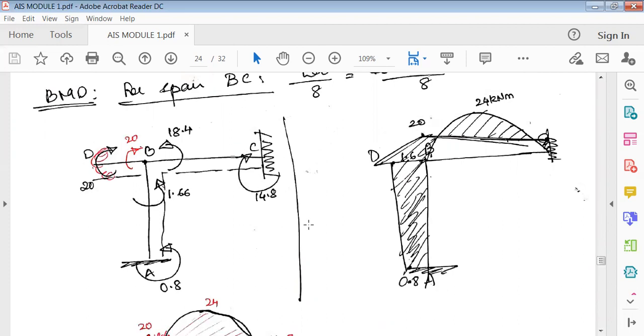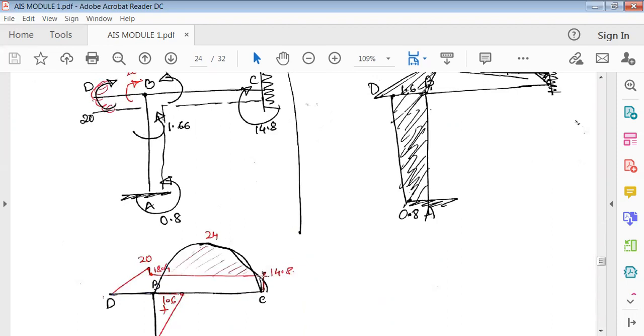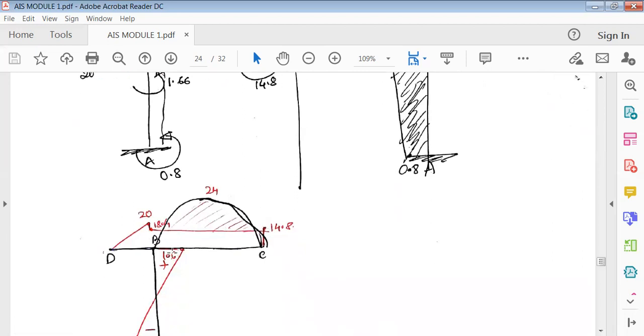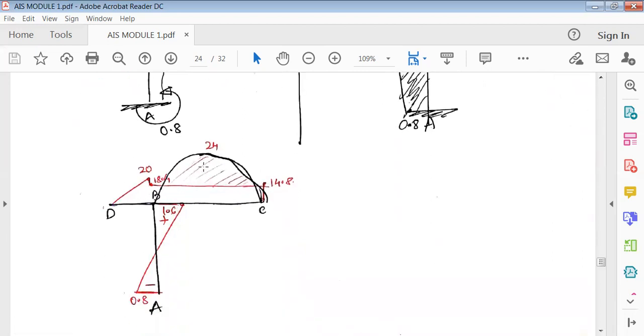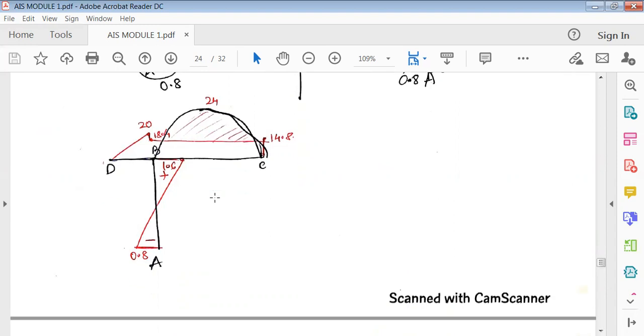So just show here 14.8. Then finally connect this 18.4 and 14.8. Whatever is above this line would be the positive bending moment, and below this line would be negative bending moment. That's how we should show this.